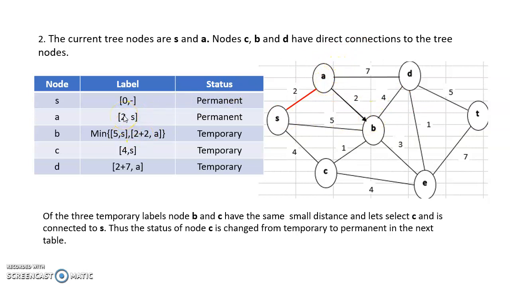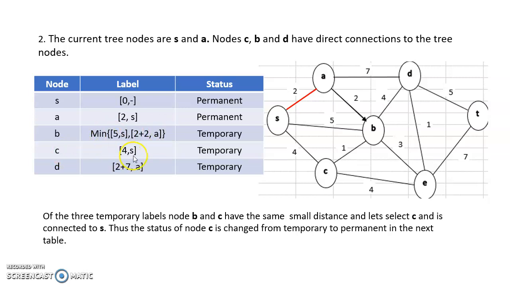So you're reaching B from A to S, and from S to B. Remember, the distance of A is always measured from S. So while reaching from S to A, you took 2 units, and then from A to B another 2. That's why it's 2 plus 2, and it's from A now. So you'll have to select the minimum of these 2.